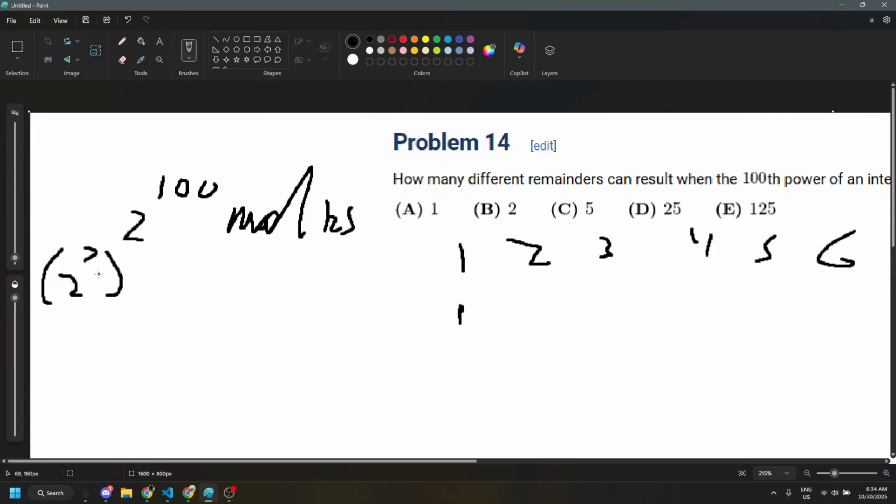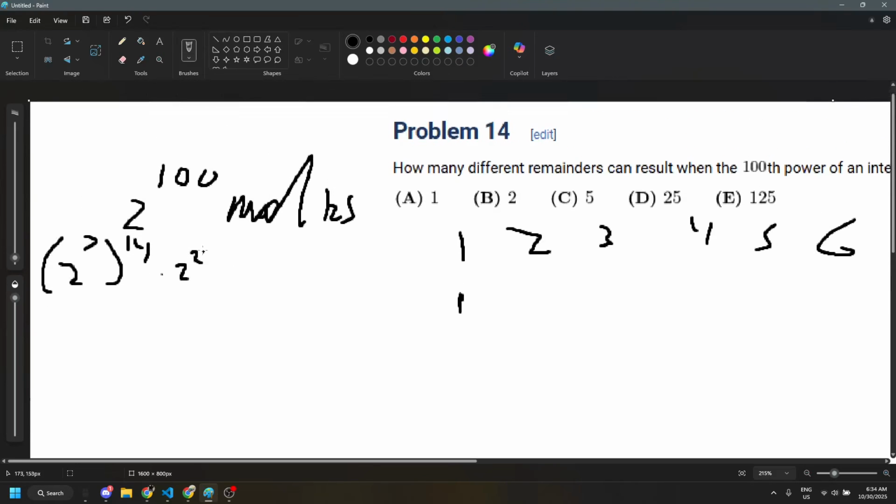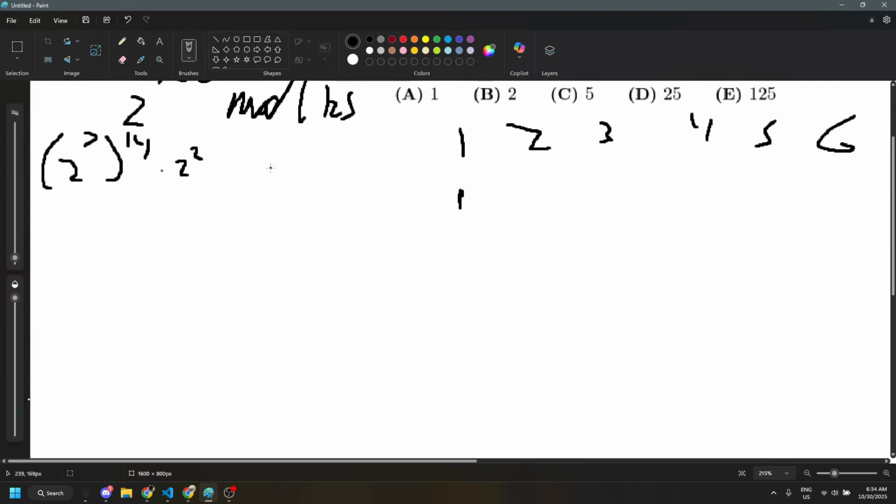Then that'd be 2 to the 7 to the 14 times 2 to the 2. And then mod 125, this is 3 to the 14 times 4.